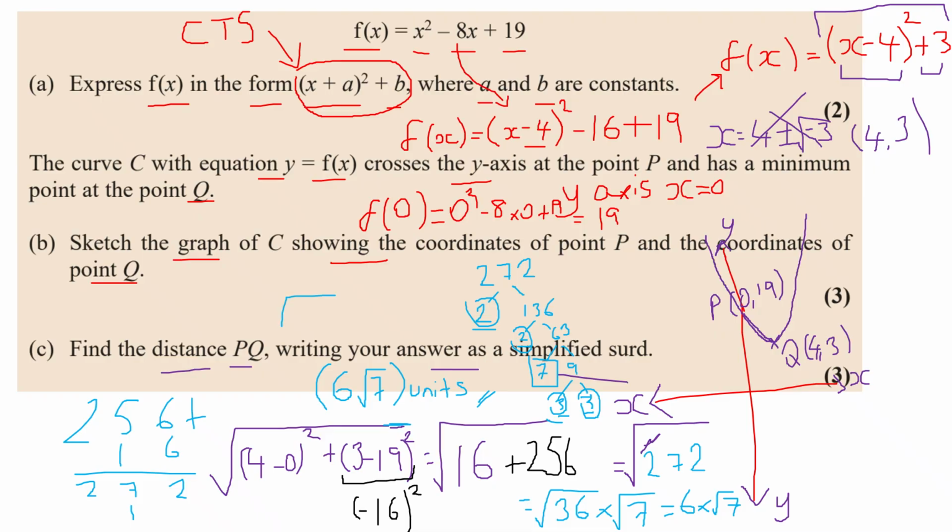So the square root of 272 is the square root of 36 multiplied by the square root of 7. I can split this up into root 36 times root 7, which of course is just 6 root 7, or 6 lots of root 7. Thank you.